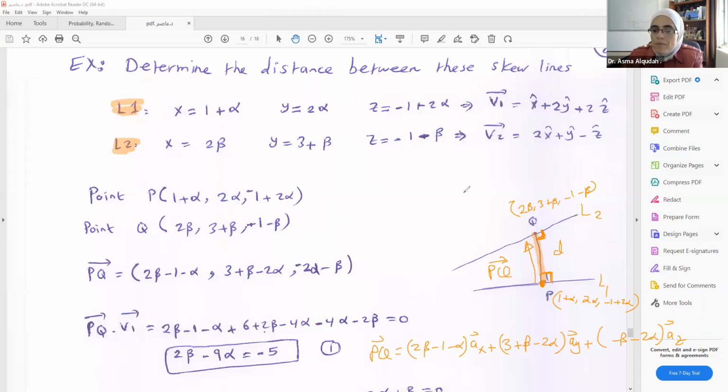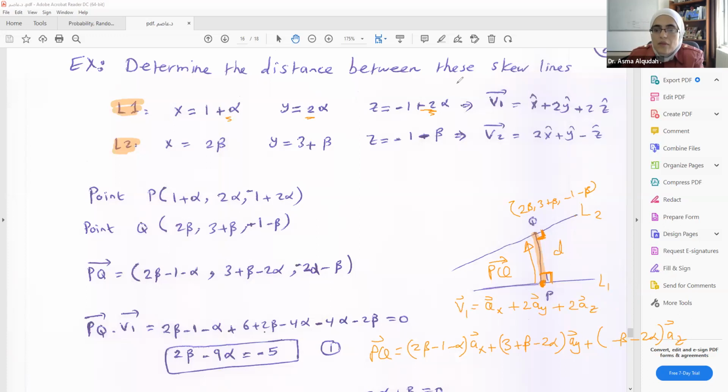So we form a vector parallel to L1, vector V1, and it is equal to a sub x plus 2a sub y plus 2a sub z.